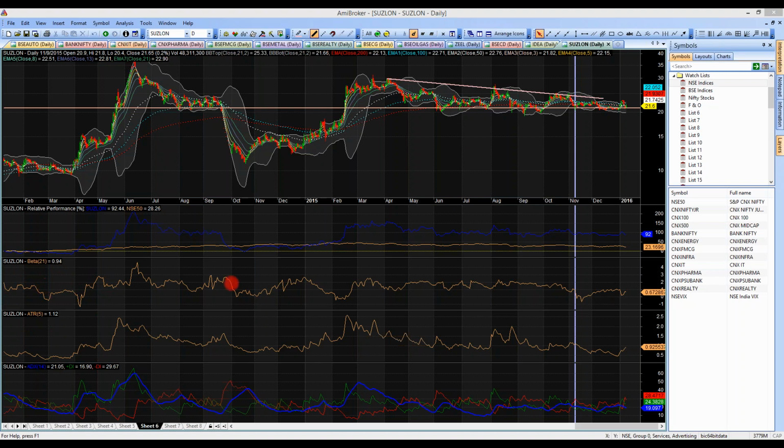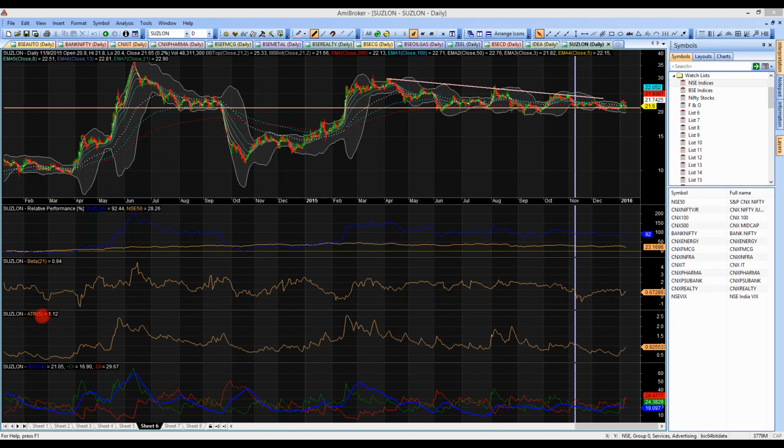For those of you looking at short-term 2-day, 3-day, 1-week type trading, then 21 period beta will definitely not be a good idea. You should change that parameter to less if that is what you are looking at. So beta is how the stock moves versus, let's say, an index, and there's 21 periodicity here.